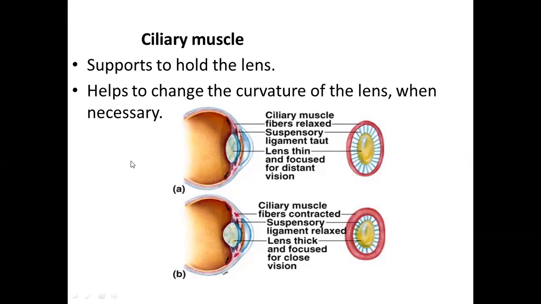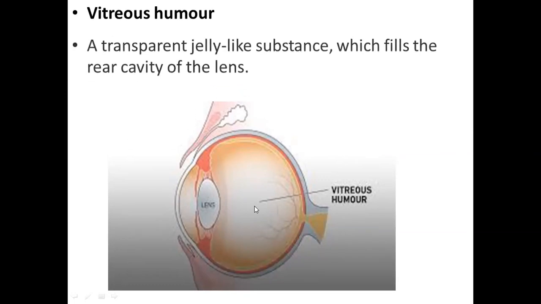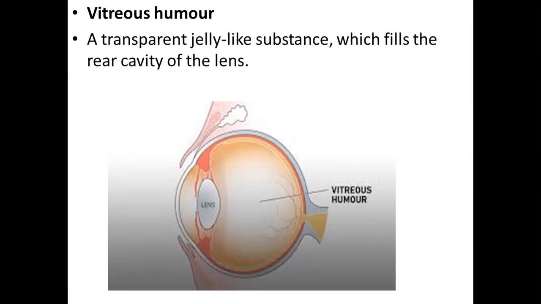Vitreous humor. This part. Write down: a transparent jelly-like substance which fills the rear cavity of the lens is called the vitreous humor.